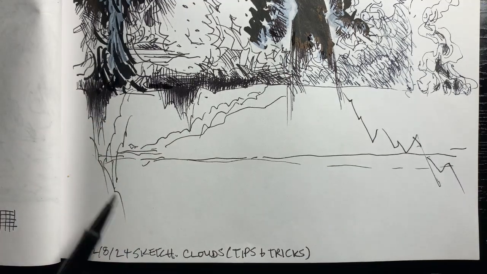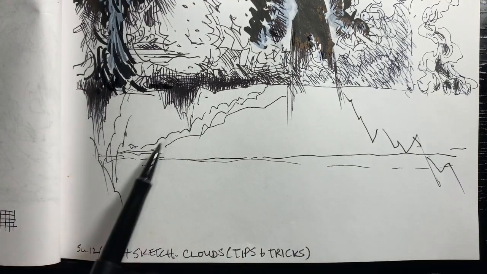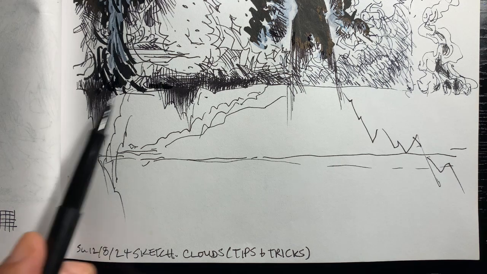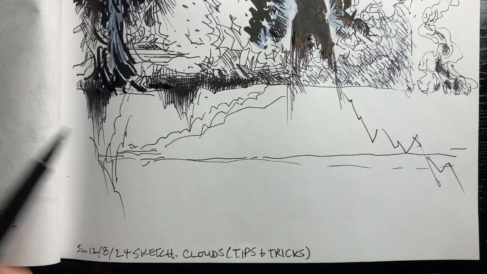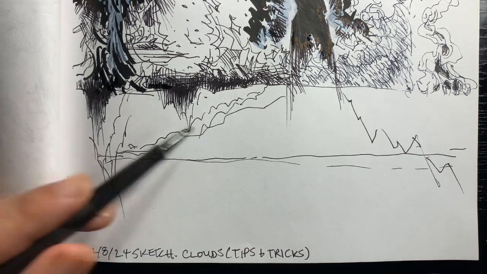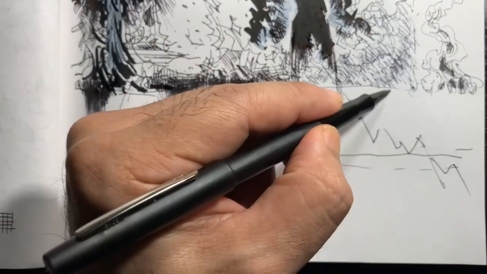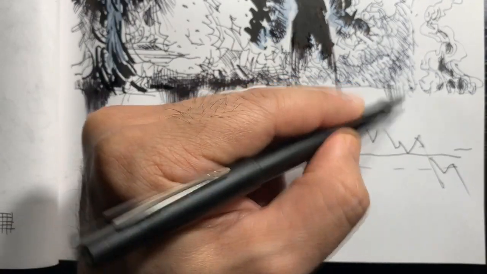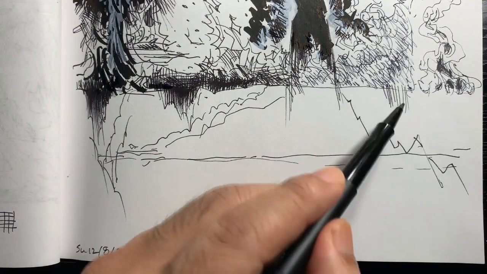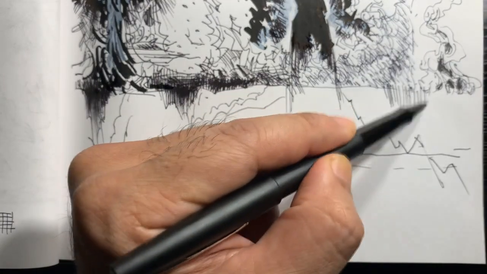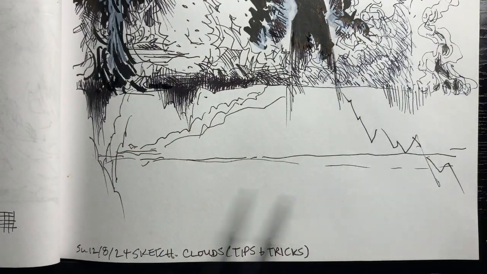So with this cloud, this is far in the distance, so I sketched the outline of it. The other approach could be what I just did, but if you want a softer edge, you can do this.